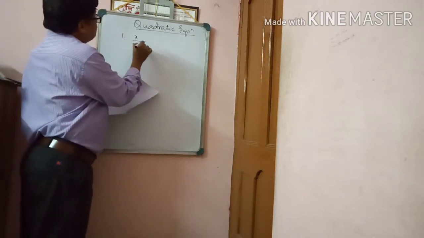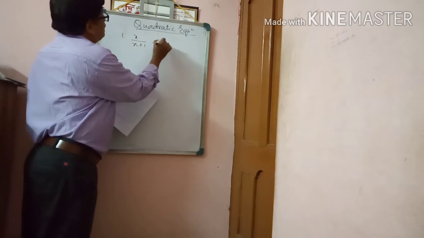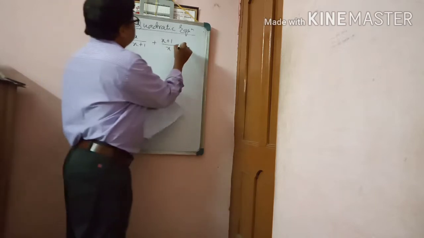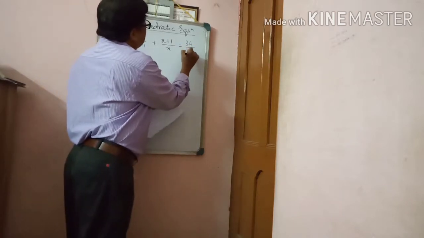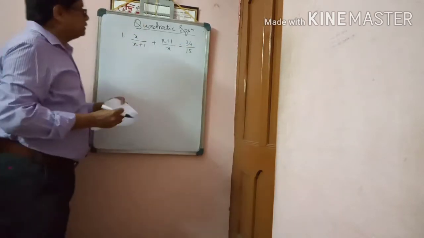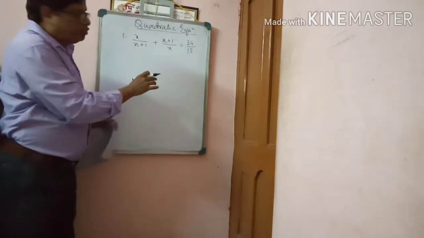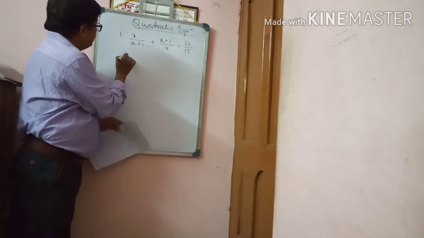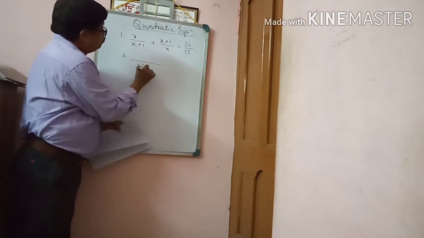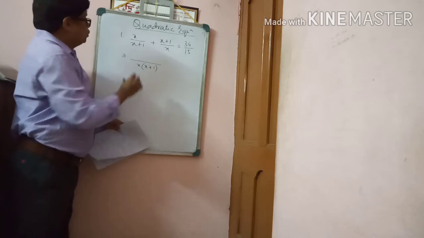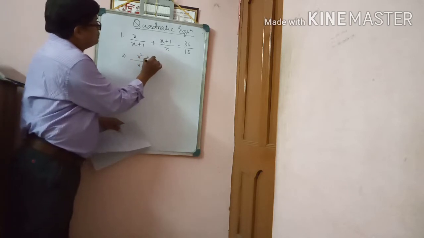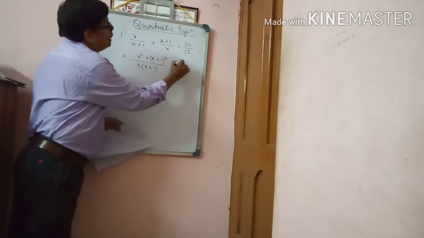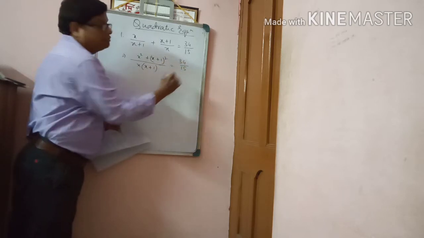x by x plus 1 plus x plus 1 by x equal to 34 by 15. First, the LCM will be x into x plus 1. So it will be x square plus x plus 1 whole square equal to 34 by 15.